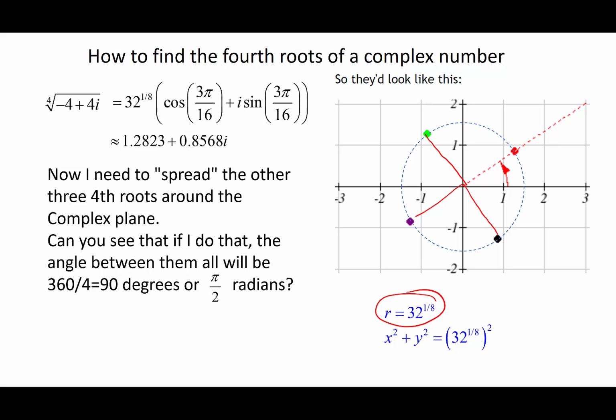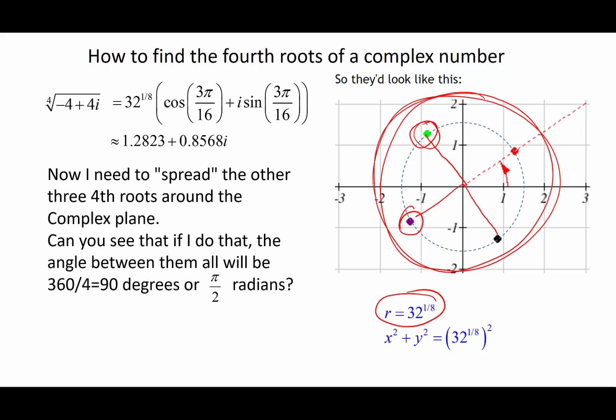But the key thing is this picture, right? I don't have any numbers at all, but I know approximately from the picture where all the other ones are going to be. There's one, there's one, there's one, right? Because they're always going to be spread around evenly.